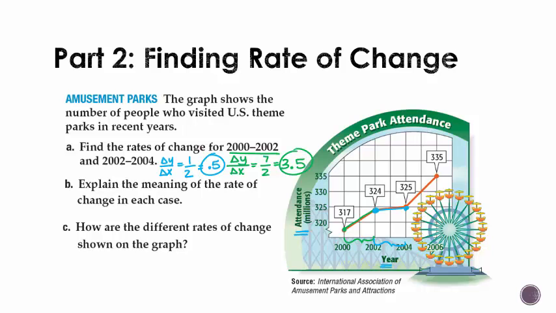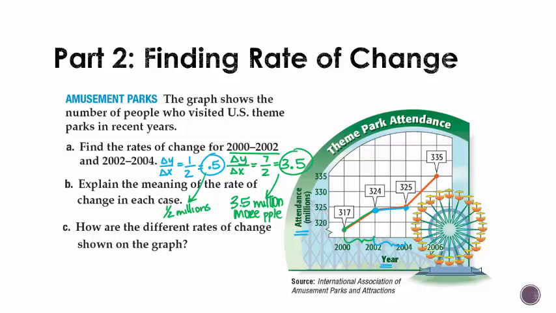So when I take a look at this green one that I have here, from 2000 to 2002, that's 3.5 million more people went to the park. Whereas between 2002 to 2004, only 500,000 people went to parks.